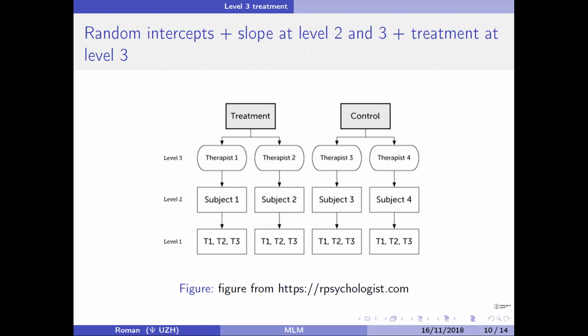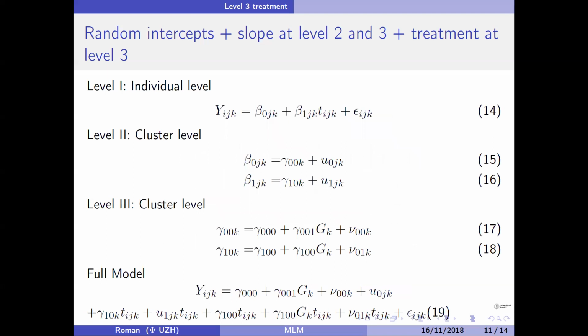So therapist 1 and 2 may be doing dialectical behavioral therapy, DBT, whereas therapist 3 and 4 might have some controlled therapeutic behavior that's already been investigated. And so in this situation, the therapists 1 and 2 will be exposing the treatment to all of their subjects, and therapists 3 and 4 will be exposing the control condition to all of their subjects. So treatment at level 3.